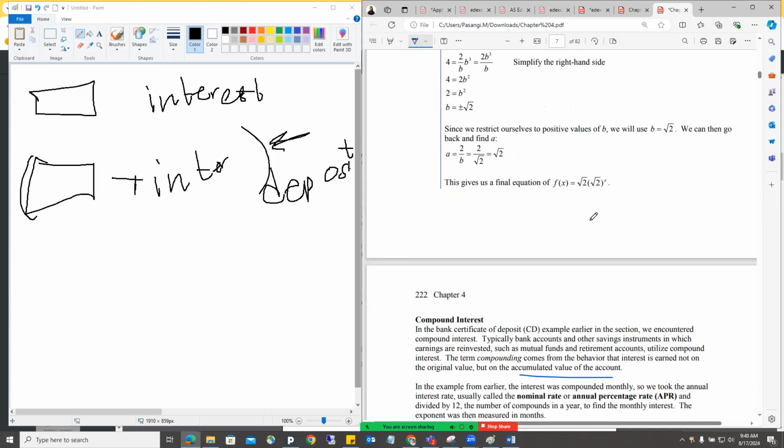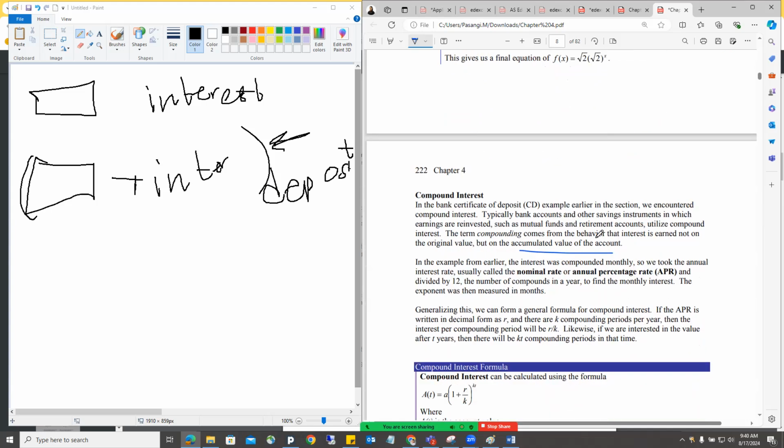Because to get a monthly rate, we just divided that total annual interest rate by 12 and then calculated the monthly interest. So the exponent was measured in months.